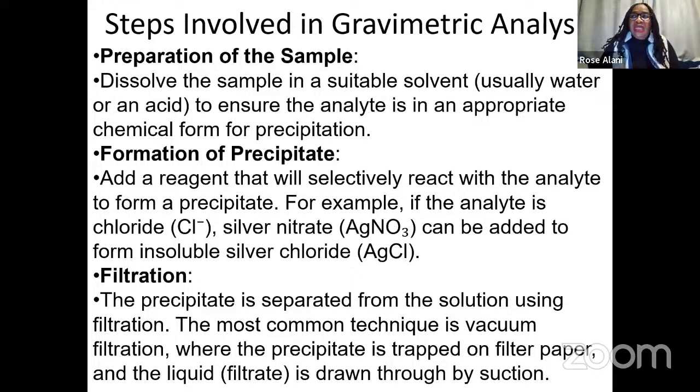We can use ordinary filter paper with a funnel and conical flask, but the best to use is vacuum filtration, where we use something like a Buchner funnel and a suction pump, which I'm going to show you any moment now.